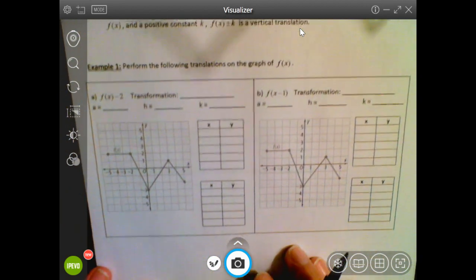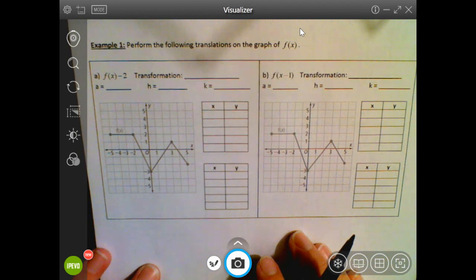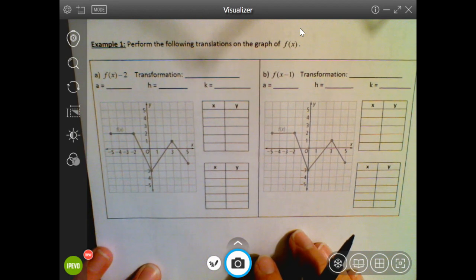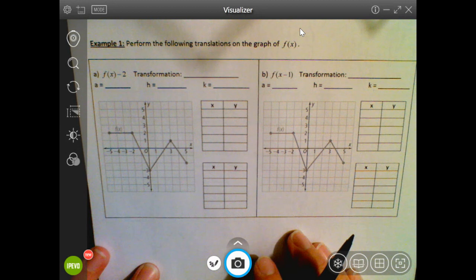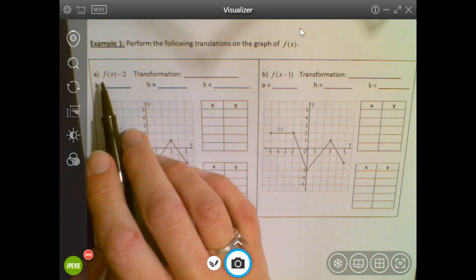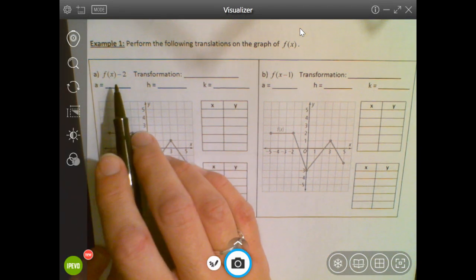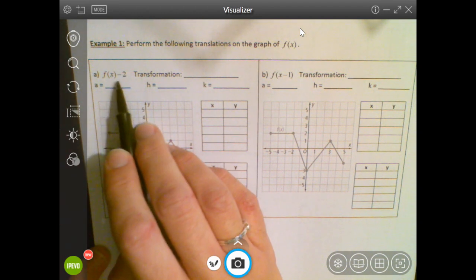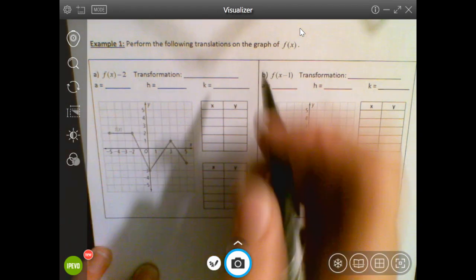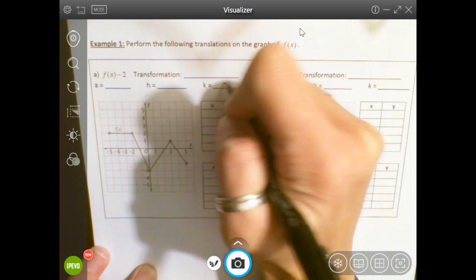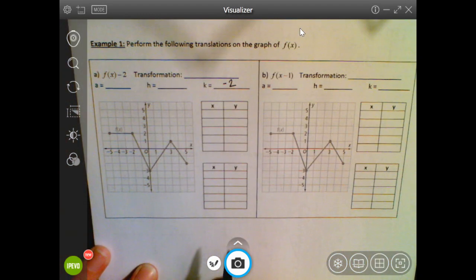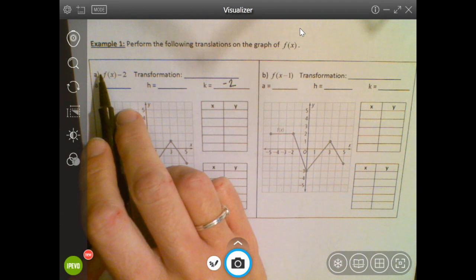So we're going to be looking at just a couple of quick examples, and we'll be making those connections with what we saw in the absolute value function. So say I just give you some general function f of x minus 2. I'm noticing that the minus 2 is falling on the outside of the parentheses, so that must mean that that's my k value. And my a value, remember, always multiplies outside.